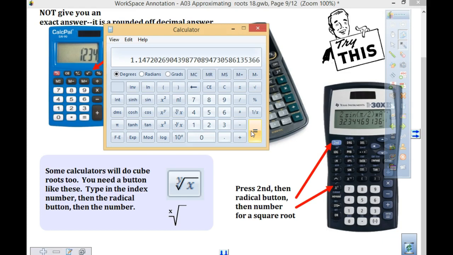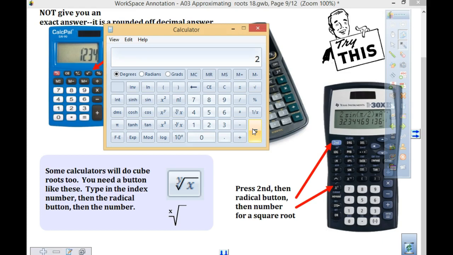I want to get it so that I put 8, and I hit this button, 3. No, I had to put it in that way. I had to put the number 8 in first, then hit this button, and then I hit the 3, and that gave me 2.